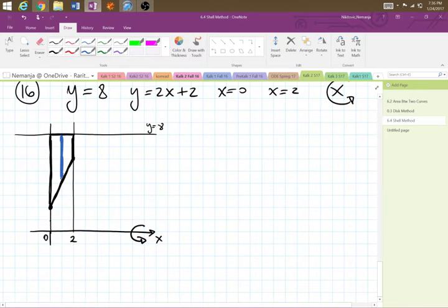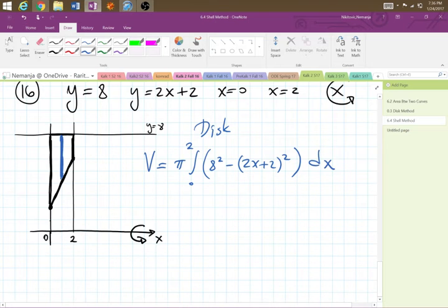So disk first, which worked out to be easier in this case: the integral of pi from 0 to 2. The top function is the one that is further away from the axis of rotation, in our case 8, so 8 squared, minus the linear piece, 2x plus 2, everything squared, and then dx.